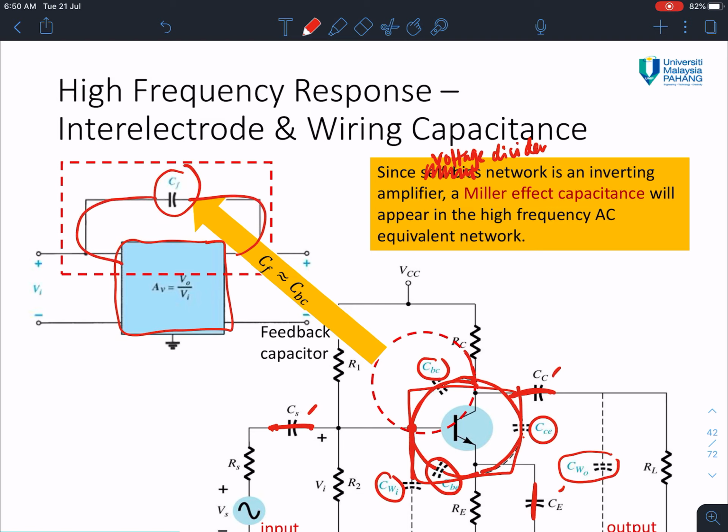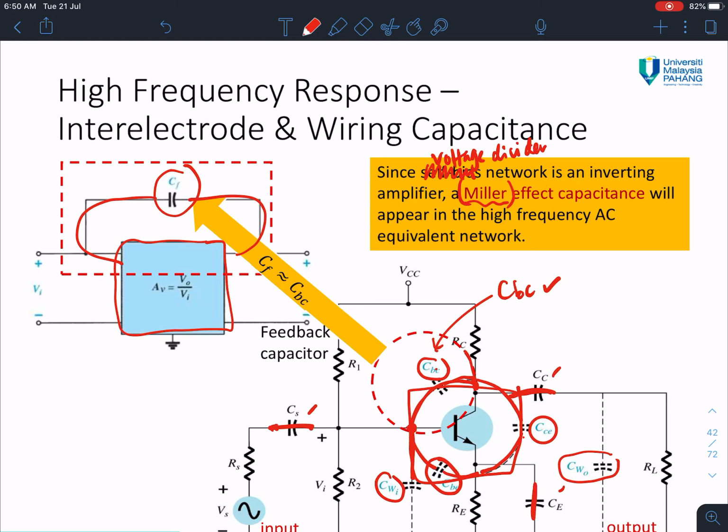Because of this capacitor, CBC, or the feedback capacitor, we use the Miller effect to solve the calculation, because CBC is connected between C and B and it is difficult to solve directly.